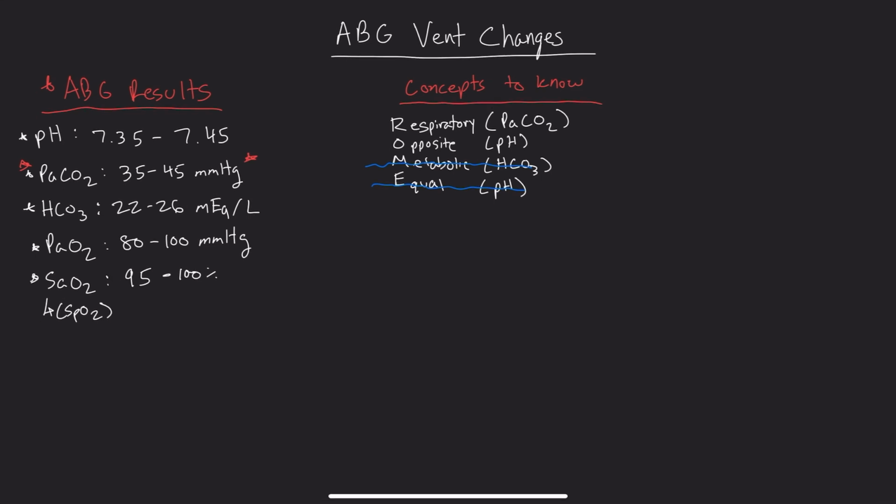Okay, and then real quick, a couple more things to know. A big concept that's going to help you towards the end here when we're evaluating these ABGs is you need to know that CO2 acts as an acid. And I'll cover this in more detail later, but just keep this in the back of your mind. This will be very helpful to know moving forward.